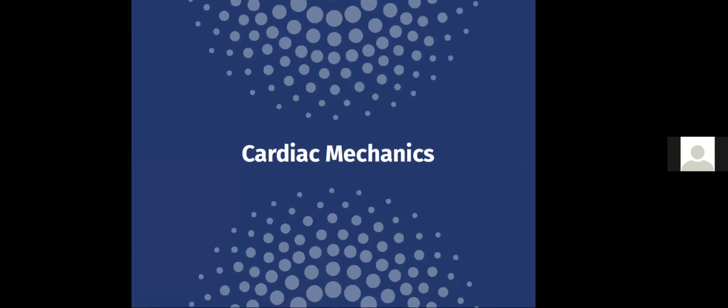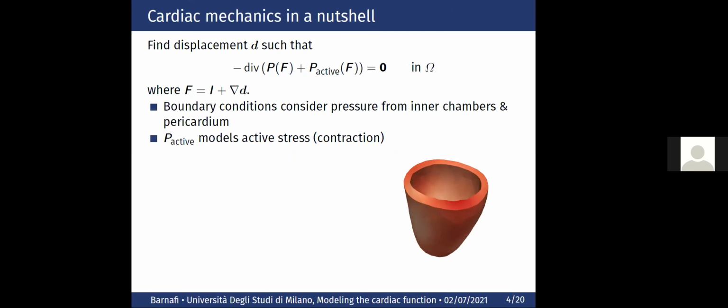So, a really super fast overview of cardiac mechanics, only for the ones who haven't seen the equations, which I guess 99% of the people here have. But for those who haven't, we have a problem where we're looking for a displacement D that solves this partial differential equation. P is called the Piola stress tensor, and it stands for the mechanical response of the tissue, and P active represents the stress generated by the contraction of the cardiomyocytes.